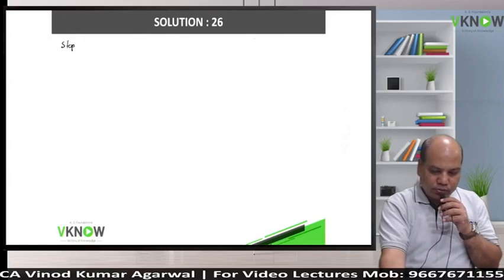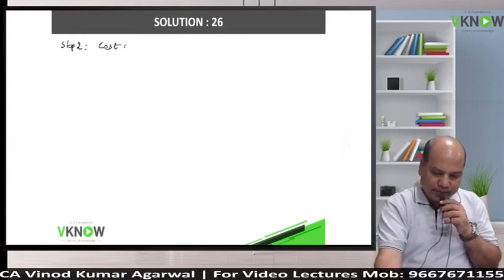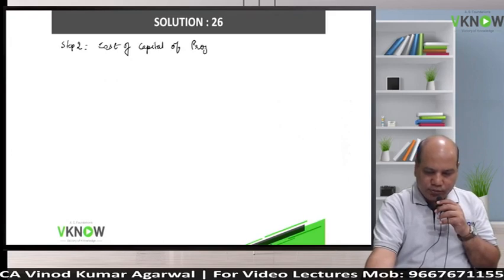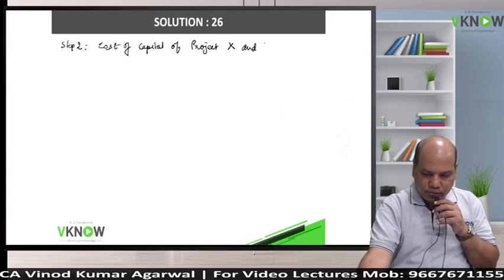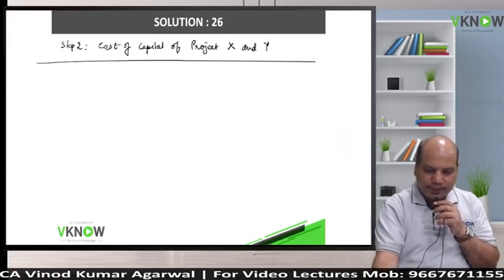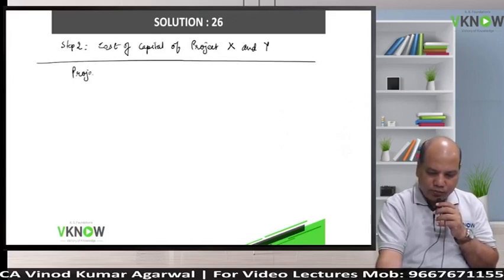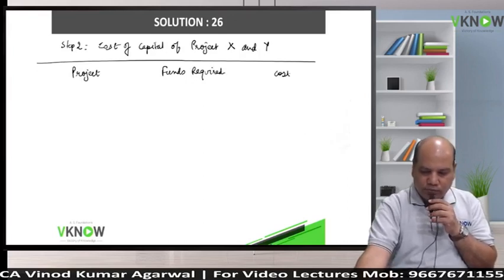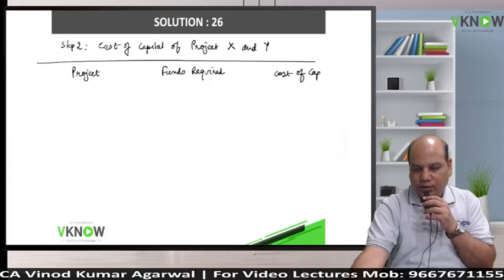So you have to write a note. Step 2: Cost of capital of project X and project Y. First column write down project, second column funds required, and third column cost of capital.